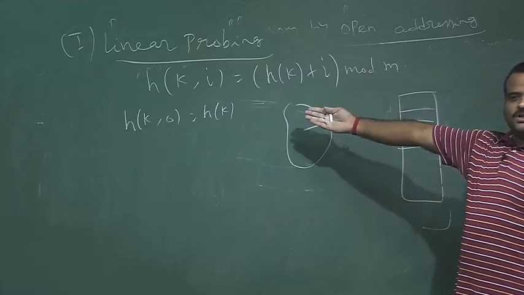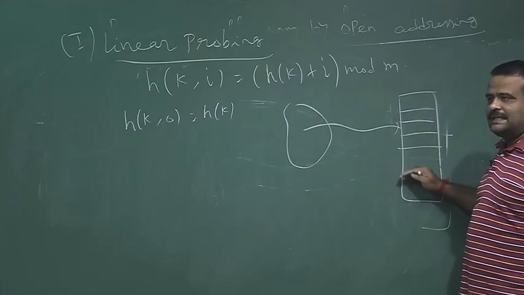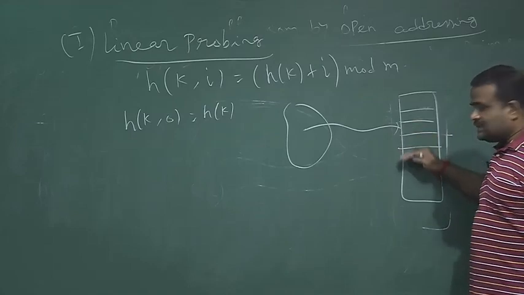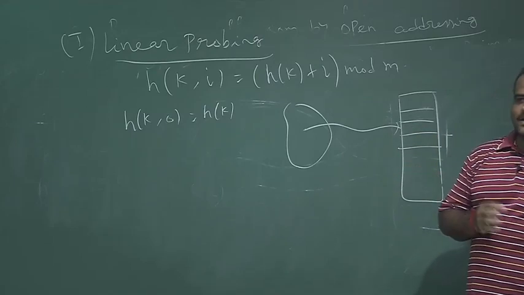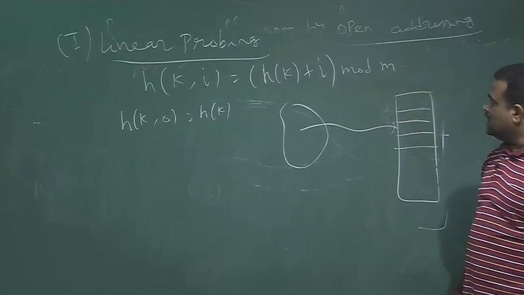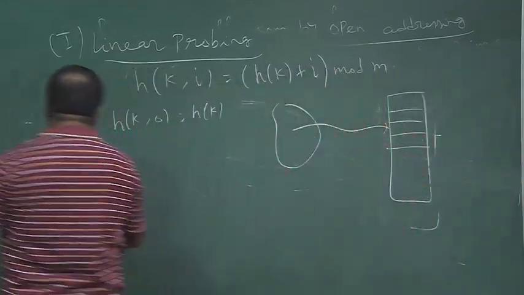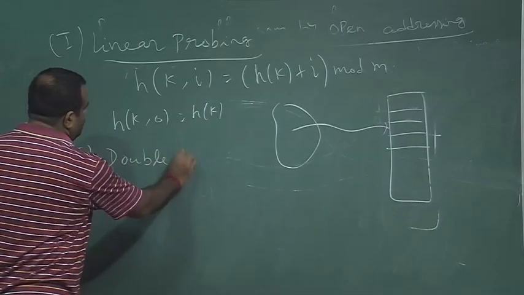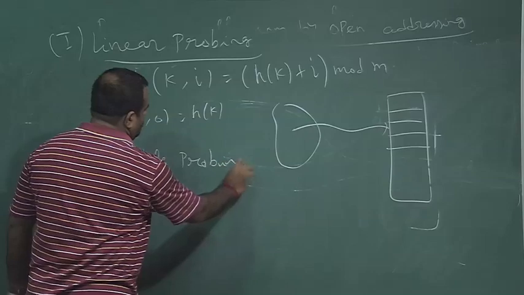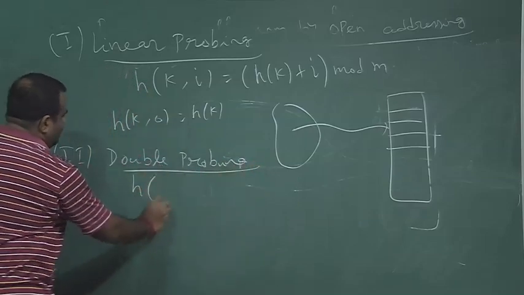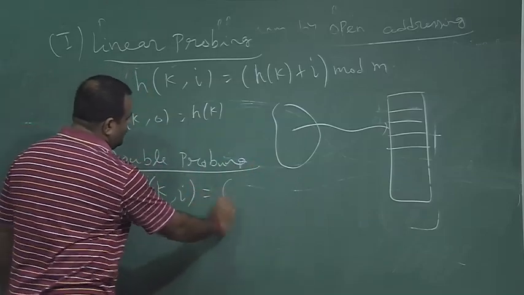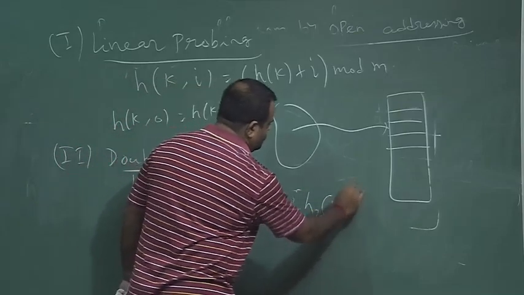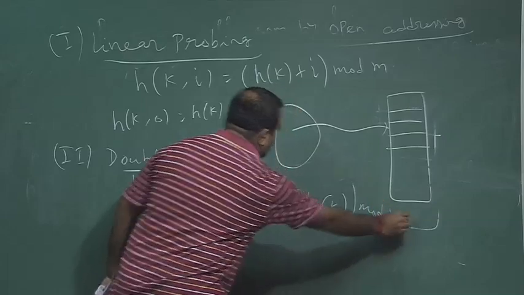But the problem with this method is it will create a cluster. Whenever a key is there, it will create a cluster below that. So it will not be a uniform distribution of the keys over the slots. To avoid that, we have what is called double probing. Here h of k, i is basically we have two hash functions, mod m.